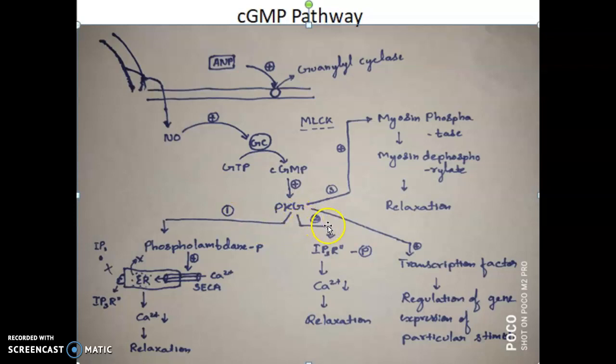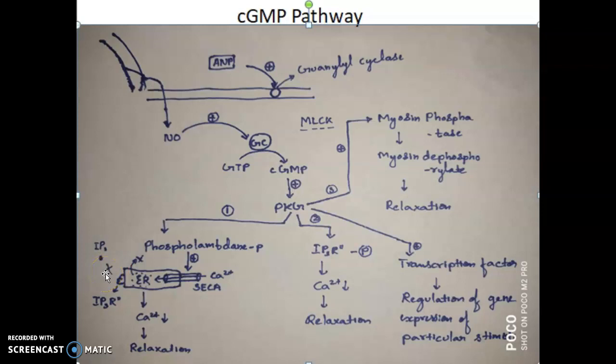The second function: there is an IP3 receptor on the endoplasmic reticulum. IP3 is inositol triphosphate. When IP3 binds to the IP3 receptor, the calcium present inside the endoplasmic reticulum goes out, and there will be calcium ions present outside the endoplasmic reticulum.